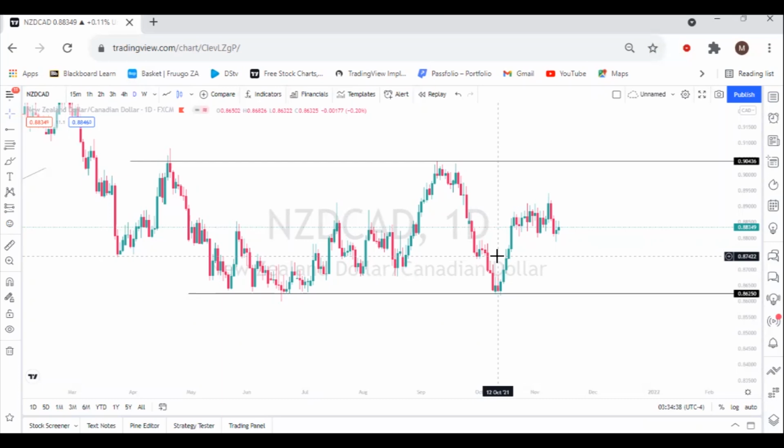As you can see, the price moves sideways in a very parallel way because I just used the horizontal ray and everything is aligned well. So that is that.